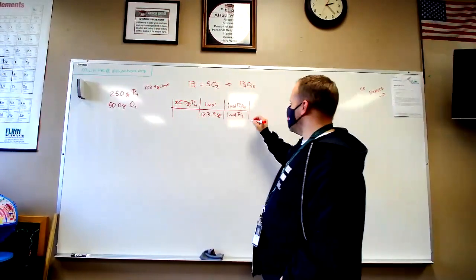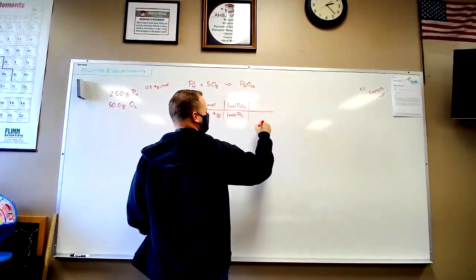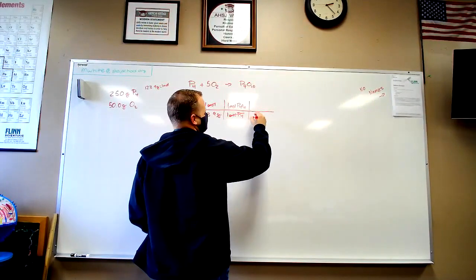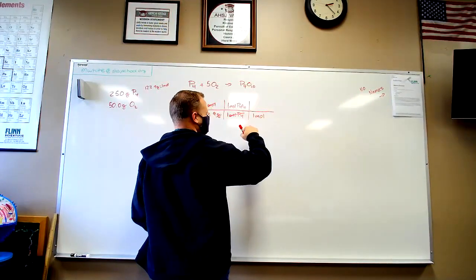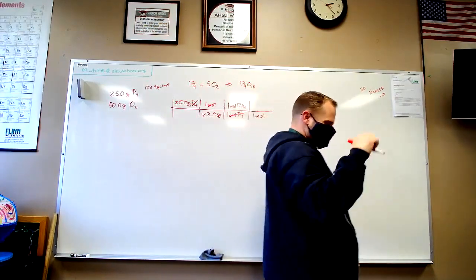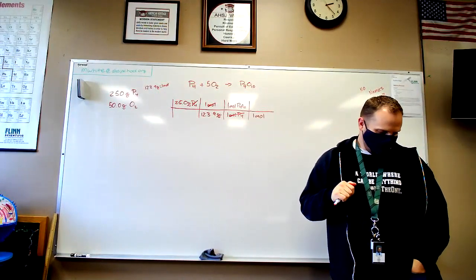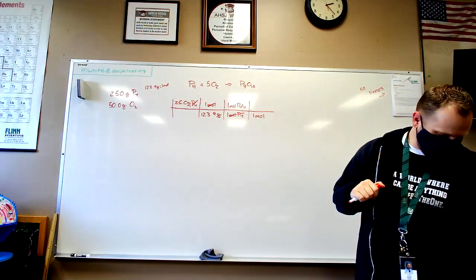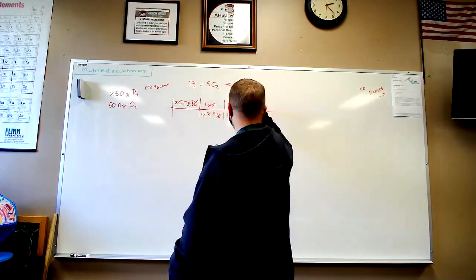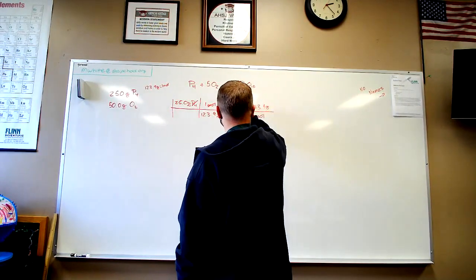So it's not a bad step to just put this back into grams. And for the P4O10, the 4 phosphorus, 10 oxygen, we add all that up. And what we actually get is 283.9. Okay.